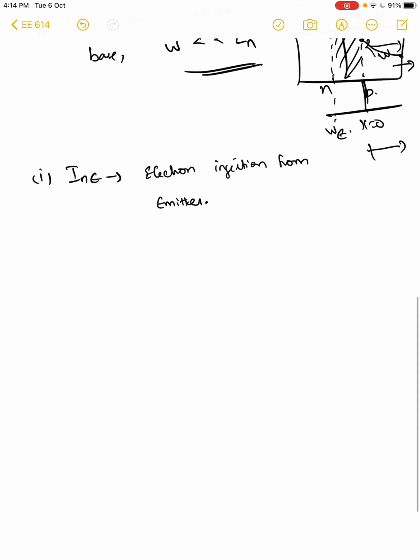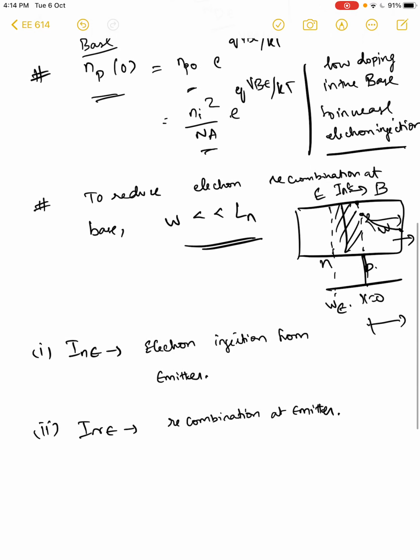Second is IRE, the recombination in the emitter. From this base emitter junction, we also have holes which are being injected into the emitter, and there is some recombination here between the electron and hole, so some portion of the holes is lost.